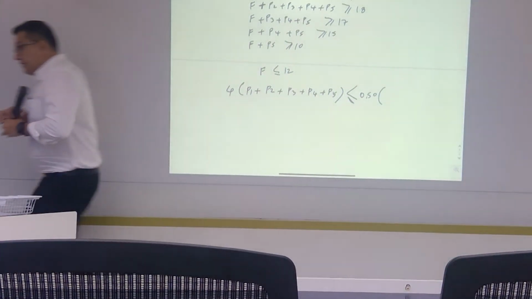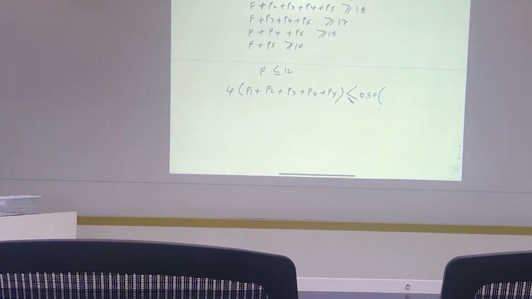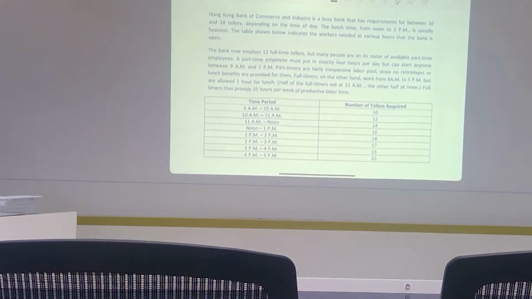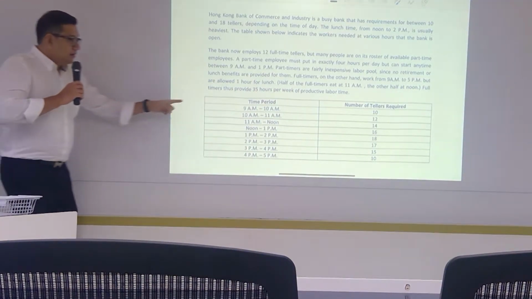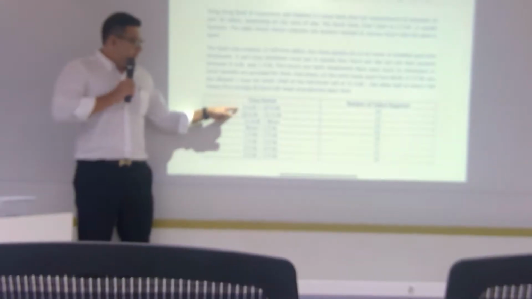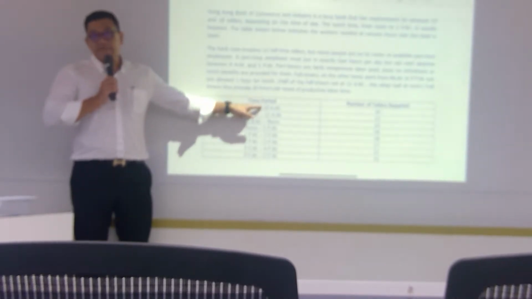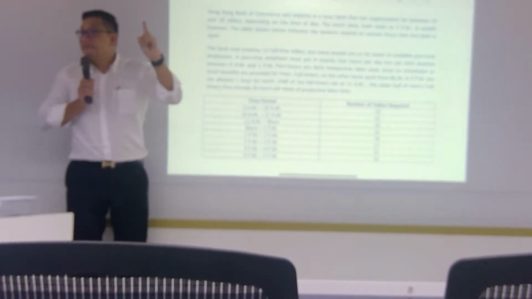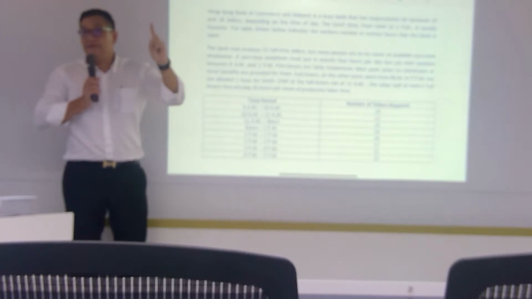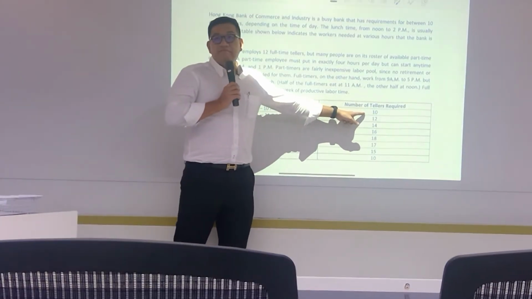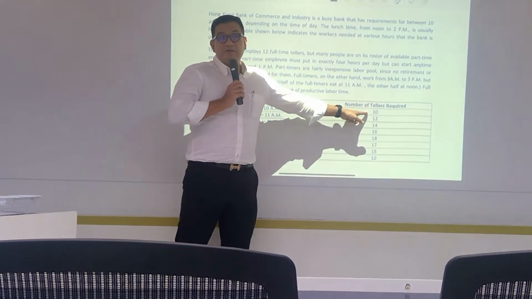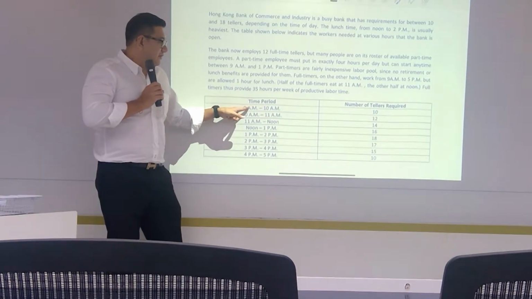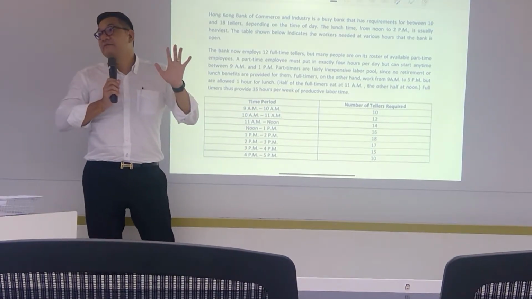So what we have here is, if you look at the first time period, 9 a.m. to 10 a.m., we have 1 hour, right? And we need 10 tellers. So total time that we need for the first hour is 10 hours, right?